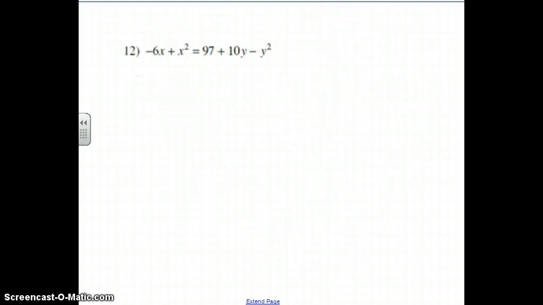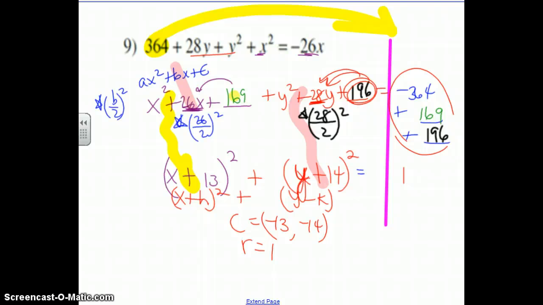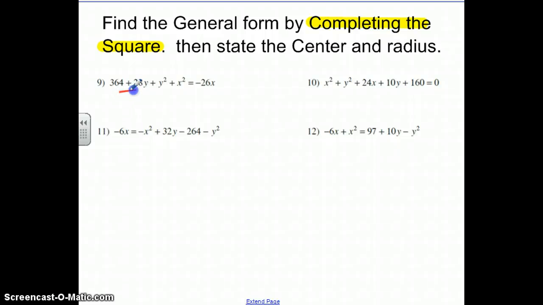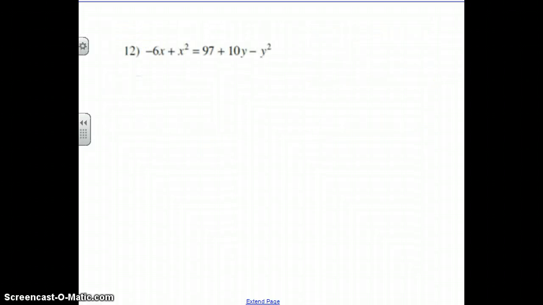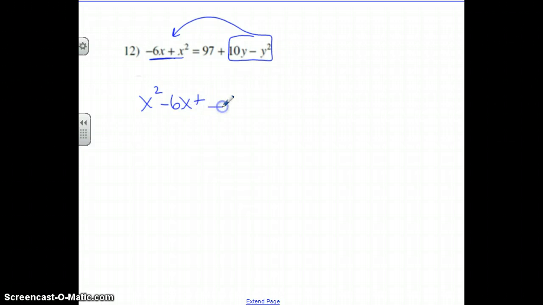So we'll try one more example. Here we'll try number 12. I was doing number 9, and I'm jumping to number 12. Likewise, I'm going to throw the x's together. It looks like they're already on the left side, so I'll keep them on the left. Let's bring all of this over as well. So I'm going to create some number to complete this square.